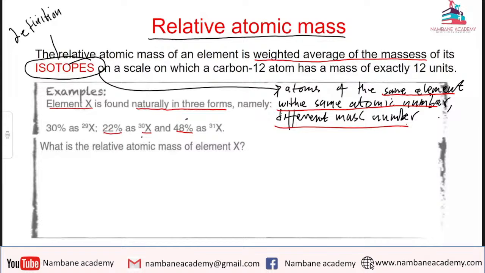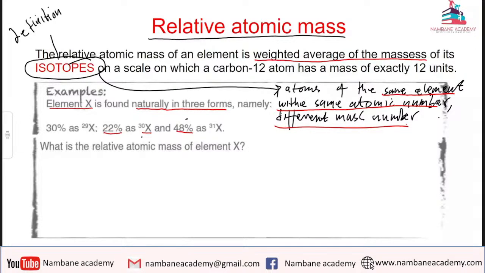So what is happening here? X is basically the same element, but what is changing here is the mass number. So hence we have 29, 30, and 31. So basically these are isotopes of each other.